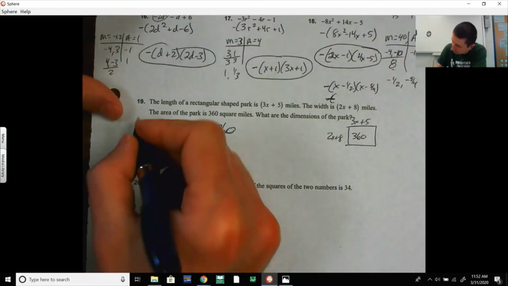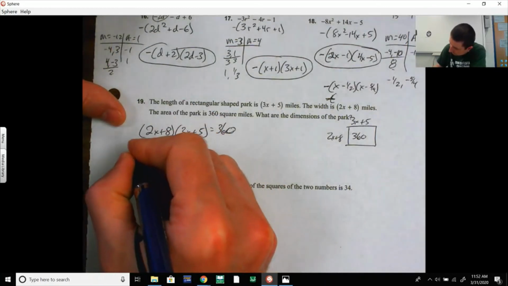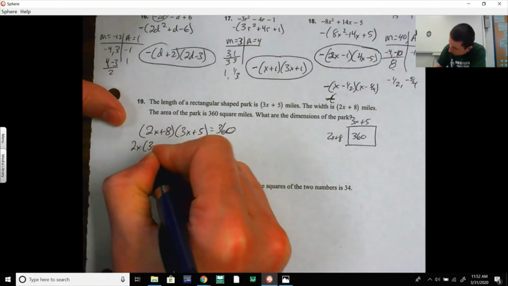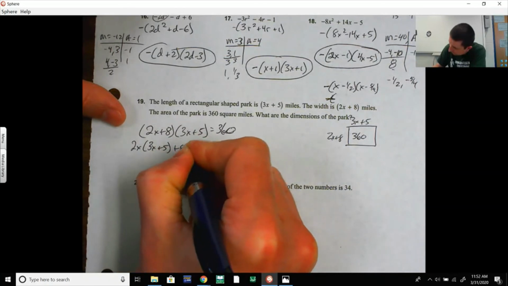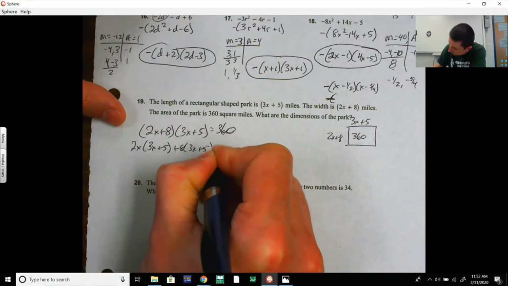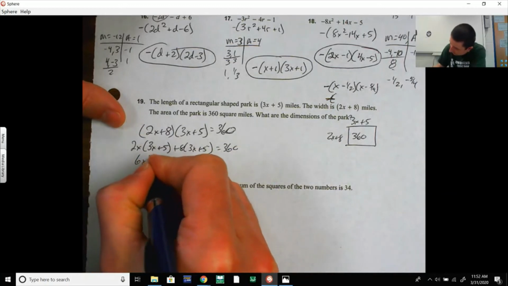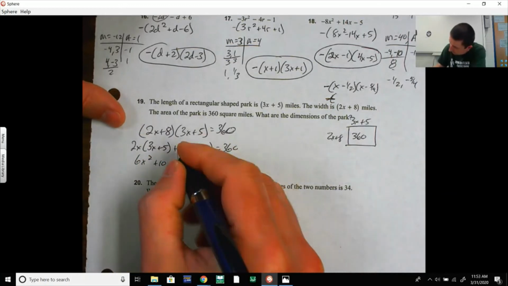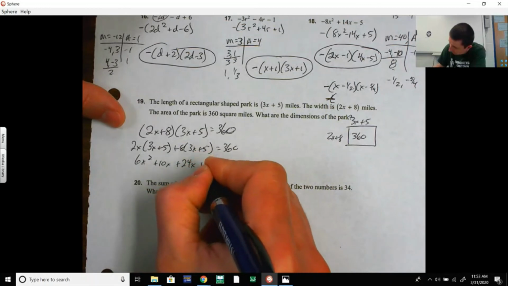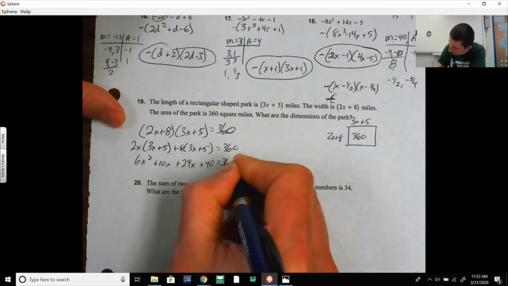So we're going to double distribute. So 2x times 3x plus 5 plus 8 times 3x plus 5 equals 360. So that's 6x squared plus 10x plus 24x plus 40 equals 360.